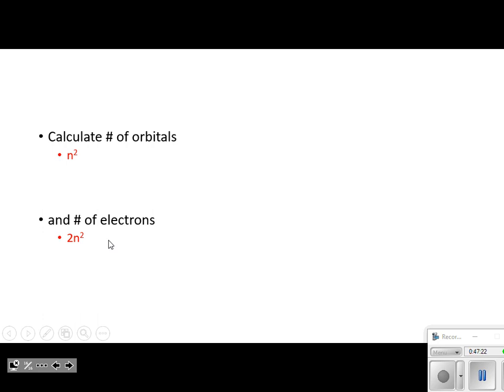So the 5th energy level will have 25 orbitals. Now, how many electrons will be on those? Well, each orbital holds how many electrons? 2. Well, what's 25 times 2? 50. So there'll be 50 electrons on the 5th energy level.